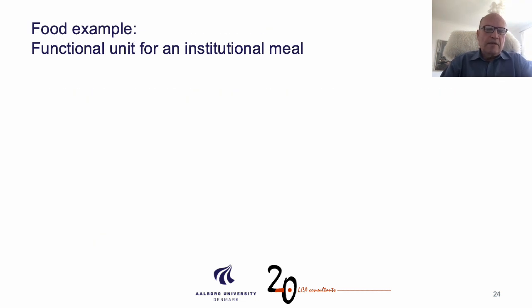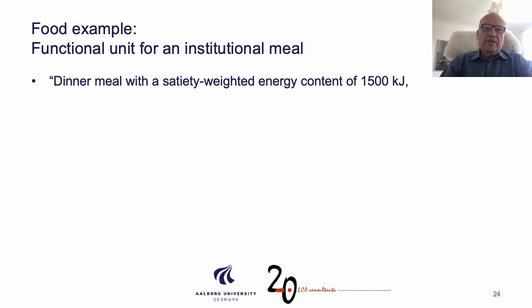We can take an example again of a food in terms of an institutional meal, and this could be expressed, because the institution has a large influence on how they define their functional unit, as a dinner meal with a satiety-weighted energy content of 1500 kilojoule.